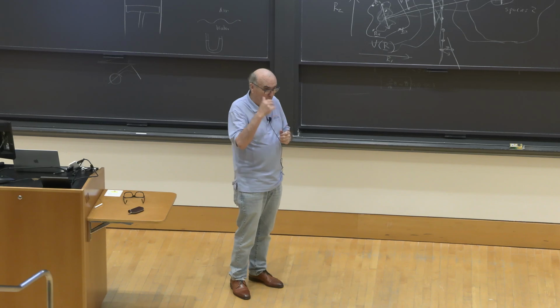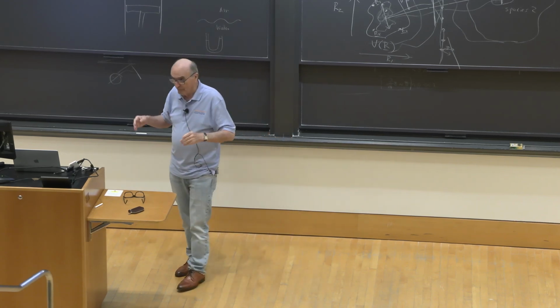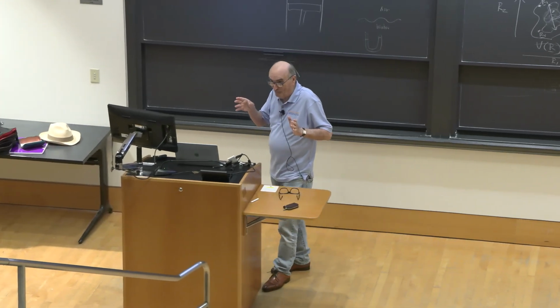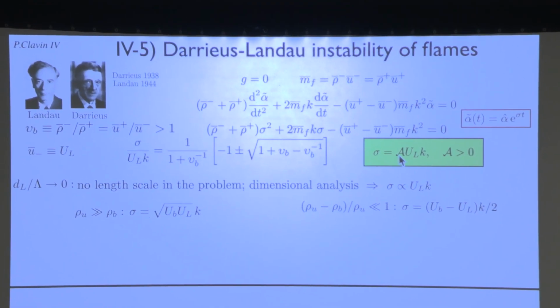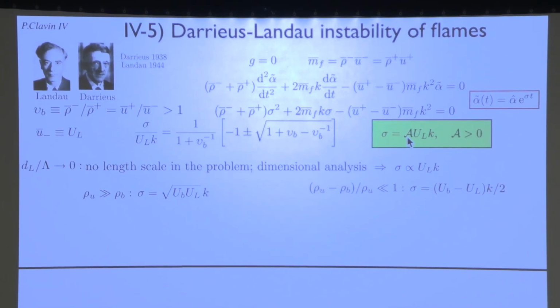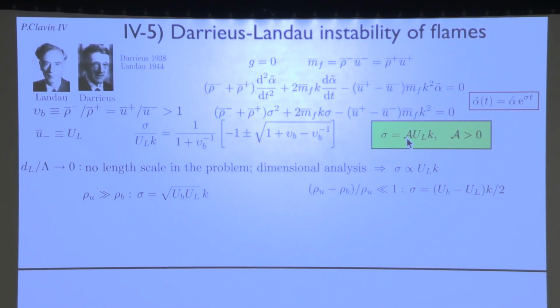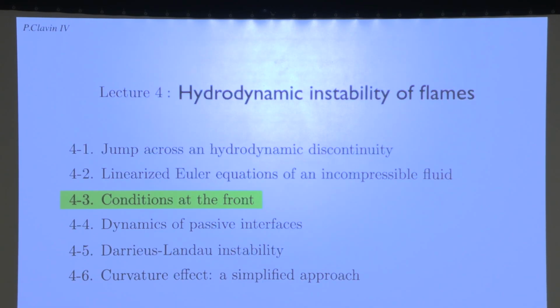Some bright people are doing that. They say it's not necessary to do the calculation because I know what it's going to be. And now the only problem is to be sure that there is a solution with a coefficient capital A positive. But as I told you before, you can anticipate that just by the analysis I gave to you.